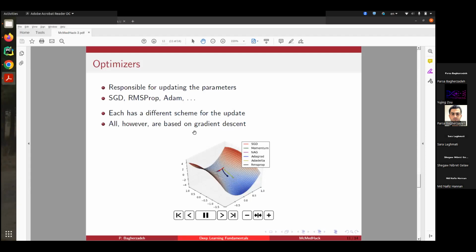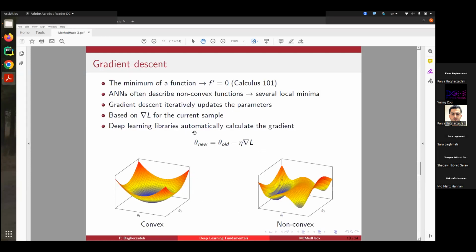So the choice of the optimizer and also the choice of the learning rate is extremely important in the training of our model. As you can see, if you choose a bad learning rate or a bad optimizer, you might not be able to properly train your model.